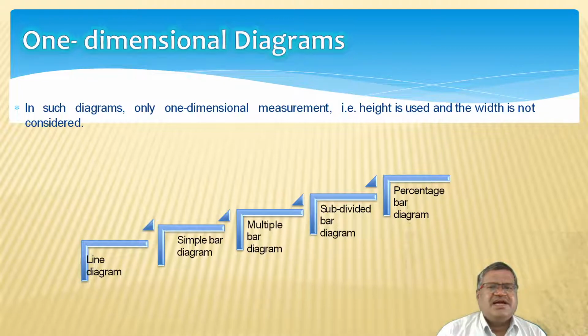In a one-dimensional diagram, only one dimension is measured. Height is used, and the width is not considered. These are line diagram, bar diagram, multiple bar diagram, subdivided bar diagram, and percentage bar diagram.